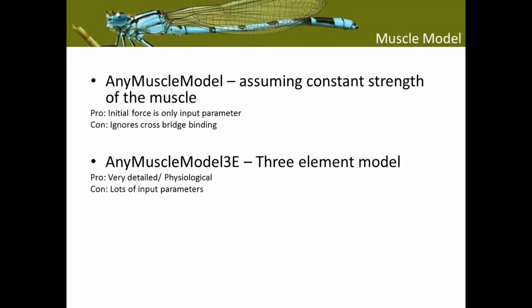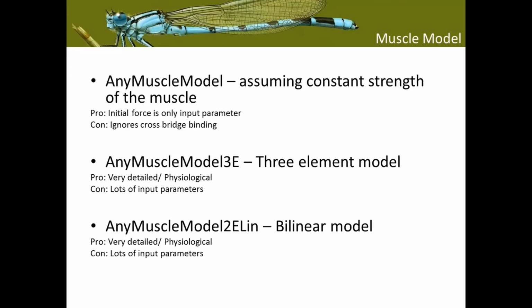The other two models need lots of input data, and as you can imagine, it's not that easy to get such detailed information out of these small animals. So we decided to use the simple muscle model to set up our model.